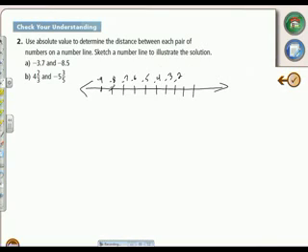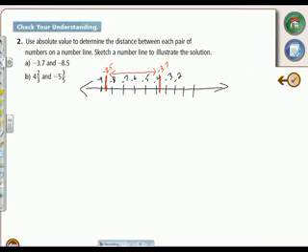And I'm going from negative 8.5 to negative 3.7. I want to know the distance between these two numbers.